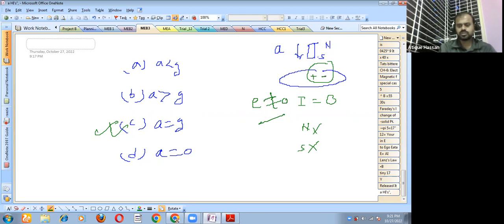It should behave as a south pole, right? To repel it, the current should be clockwise. So EMF will not be equal to zero. EMF will be there, but because of the incomplete circuit, current will be equal to zero.